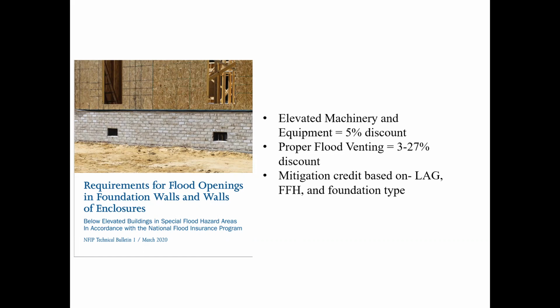And then you can get a mitigation discount based on your lowest adjacent grade, your first floor height, and your foundation type in combination with your other variables. And I don't have numbers on that. So these are the 3 possible discounts that you could get under risk rating 2.0.